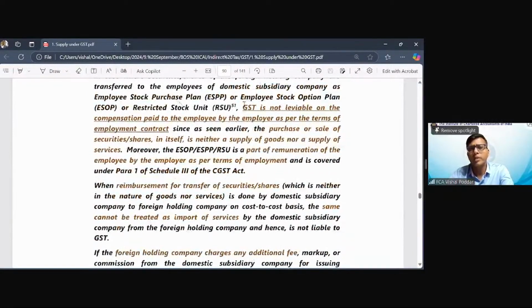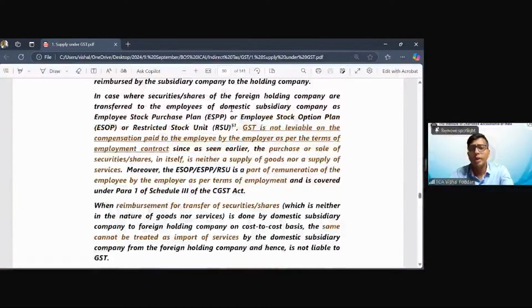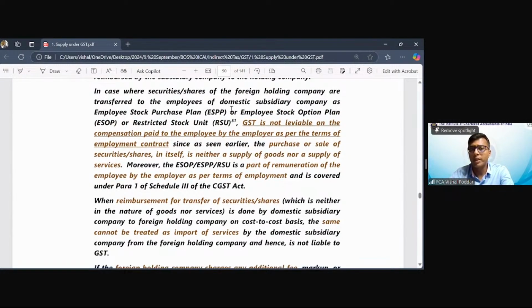Now again, some clarification. Now you all know that the companies give their employees ESOPs. ESOP is employee stock option plans, which now have so many variations: employee stock purchase plan, employee stock option plan, restricted stock units. Now, what is the clarification?